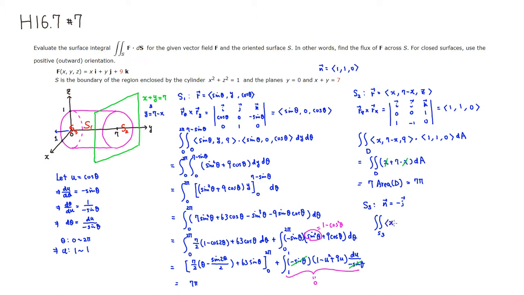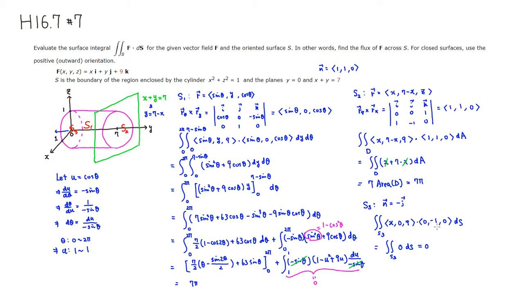So we're going to have x, then the y value is 0, and 9. But the normal vector is negative j, which is 0, negative 1, 0, and then dS. If you compute that, you see that the integrand is just going to be 0 plus 0 plus 0. It's 0. So this surface integral is going to be 0.